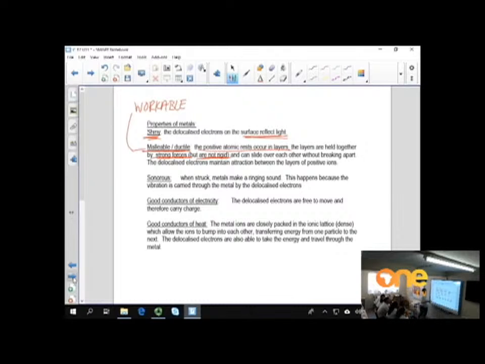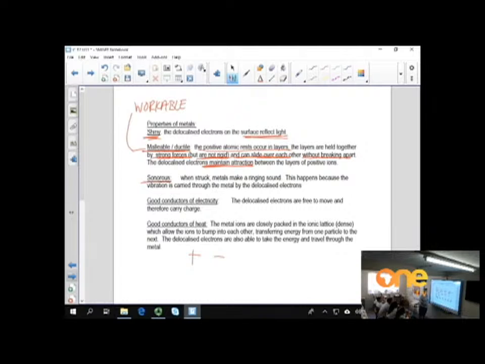Okay. So the positive atomic rests can slide over each other without breaking apart. Remember, positive and negative will attract, always. The delocalized electrons maintain the attraction because they are pulled together with the positive atomic rests, because the negative is attracted by the positive.